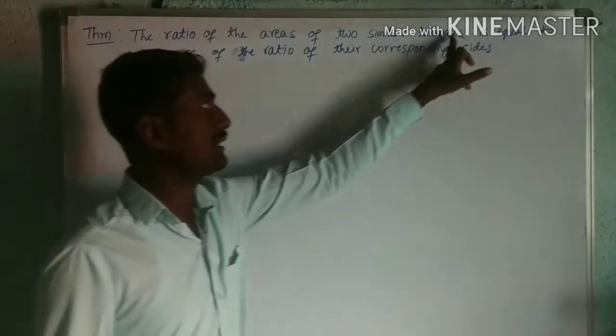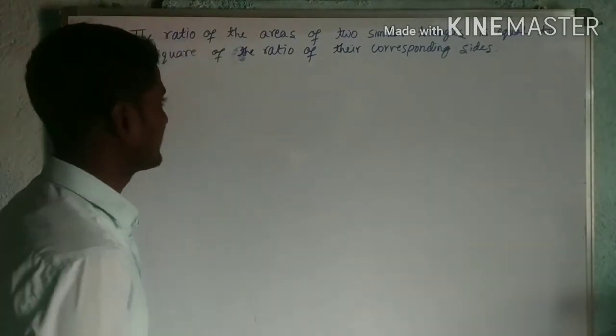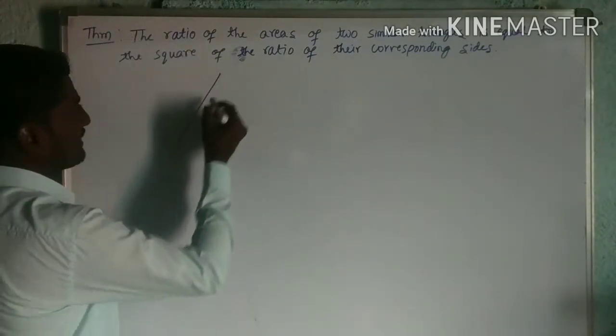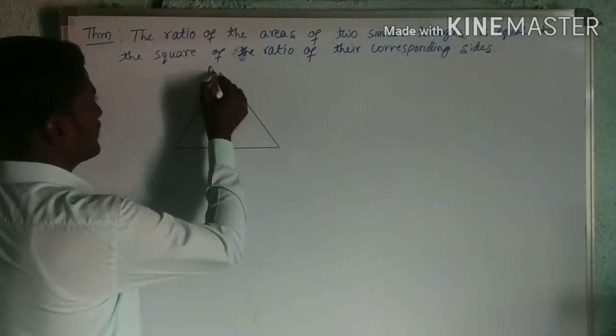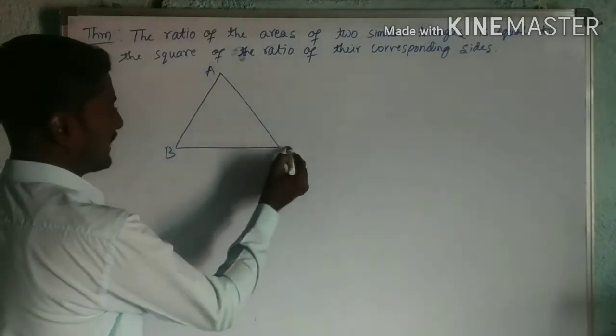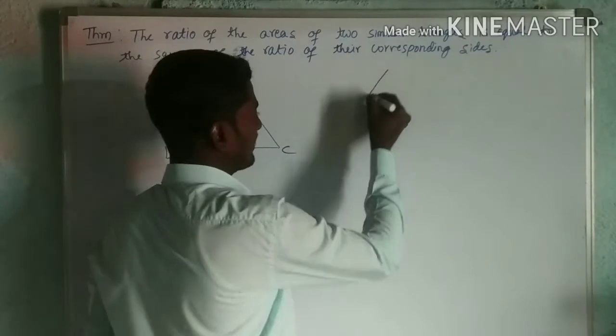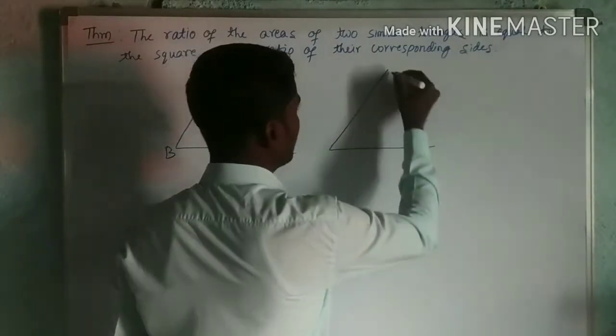So first we shall take two similar triangles, ABC and PQR. So this is triangle ABC, and I will take another triangle, PQR.